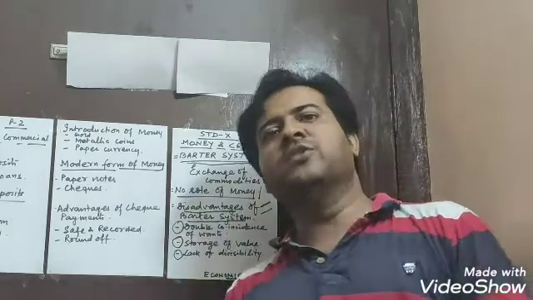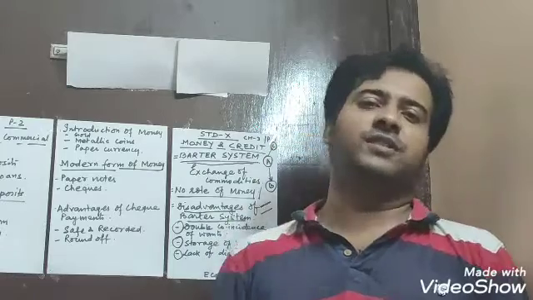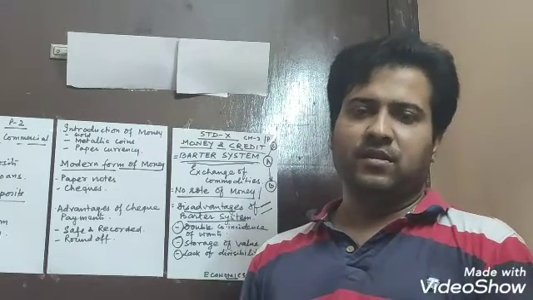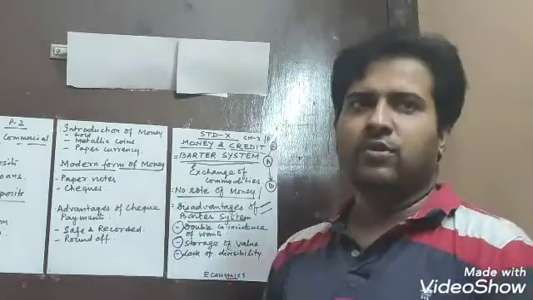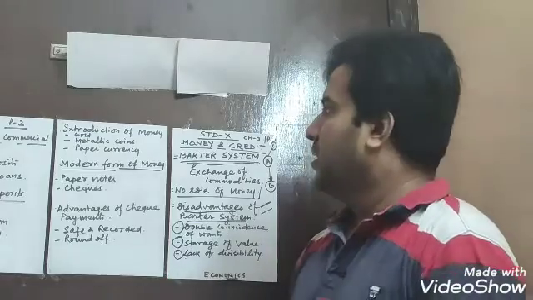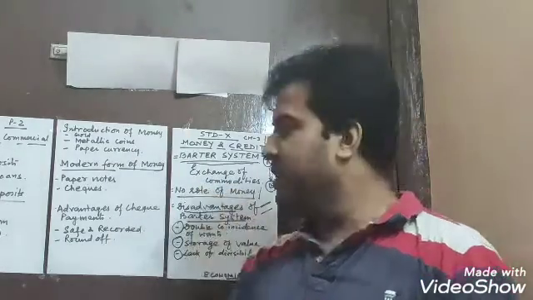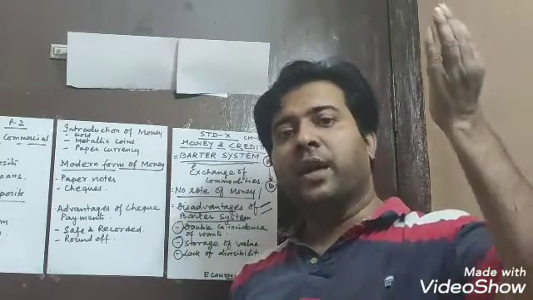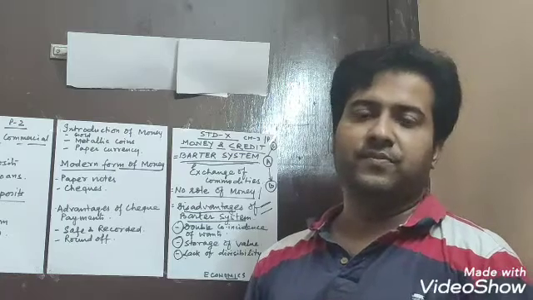The money was introduced as precious coins such as gold, such as silver. The precious metals were used as coins to buy the commodities. There were gold, there were metallic coins, and later on, the paper currency came into existence.